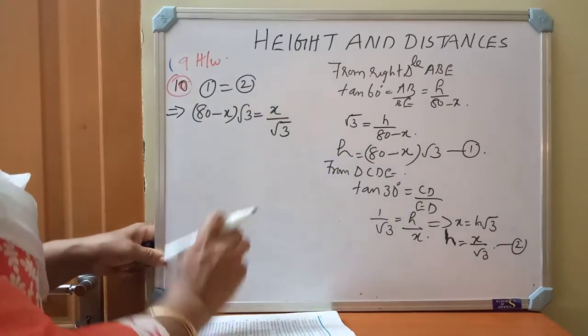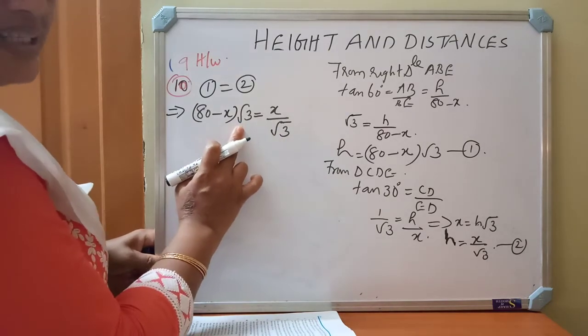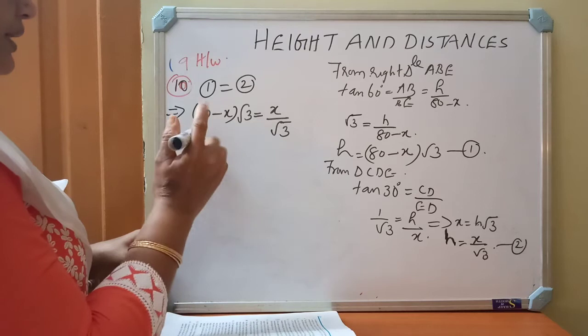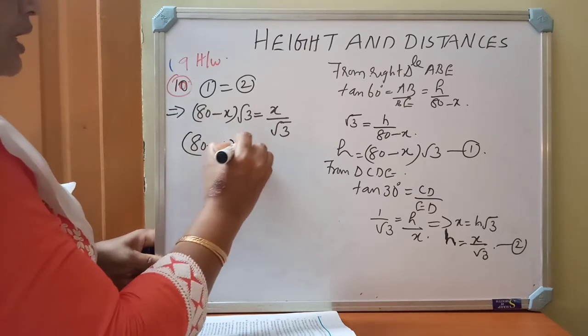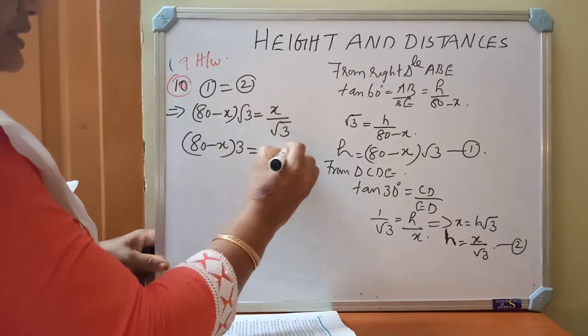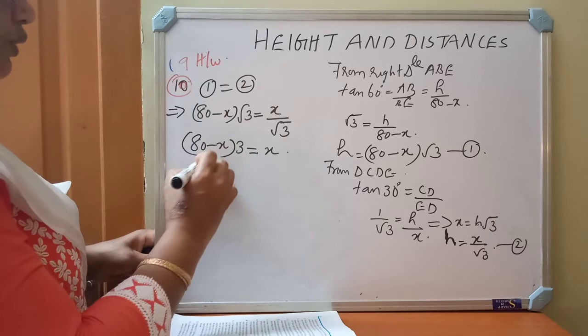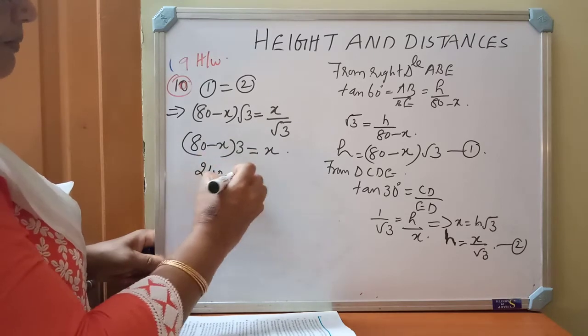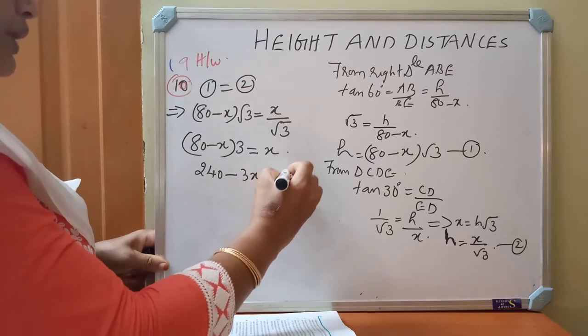What do we have to do first? We have to cross multiply. Root 3 into root 3 we will get 3. So I can write this as 80 minus x into 3 equal to x. Remove the bracket: 80 into 3, 3 8s are 24, so 240 minus 3x equal to x.